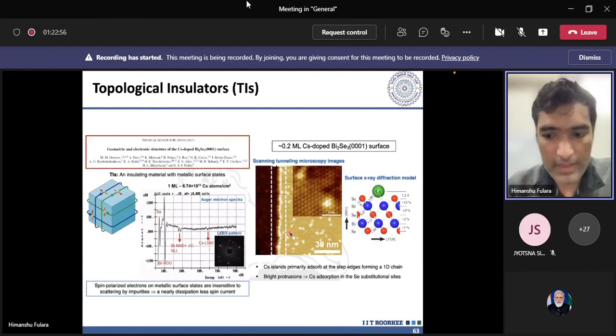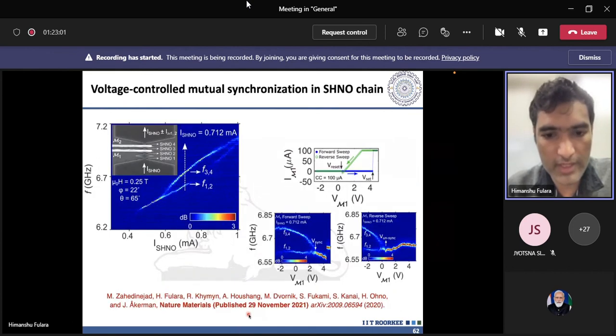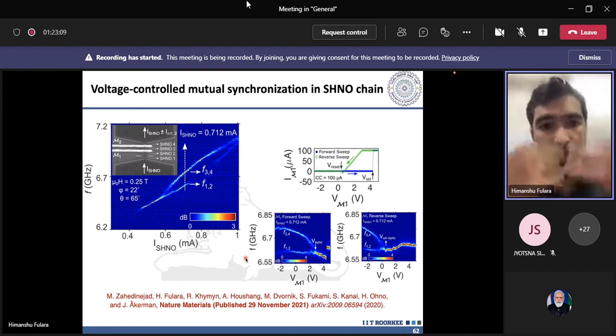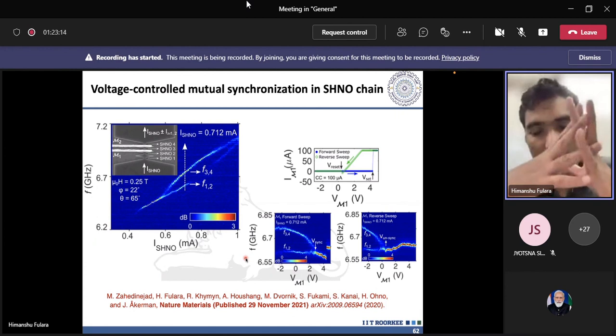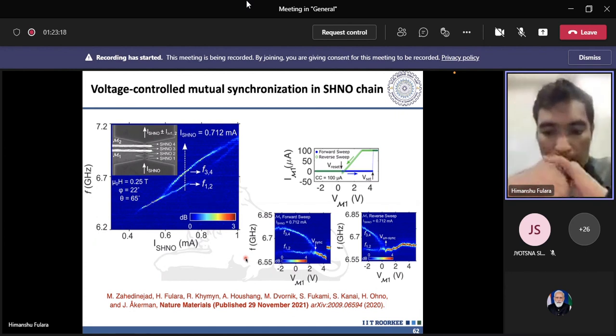This is what we have recently published. This work was published a few days back, on 29 November, in the Nature Materials journal. Here we have shown the capability to emulate or mimic neuron interactions, the synaptic interactions of neurons, with the help of these oscillators.